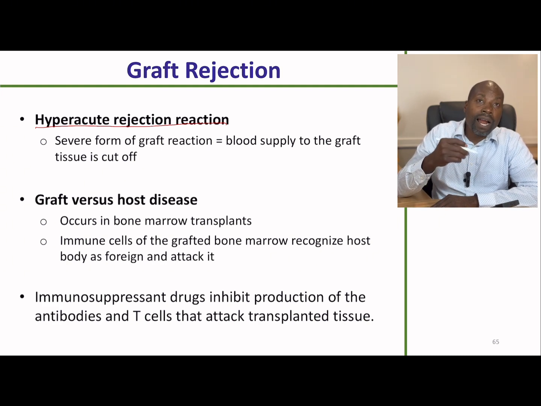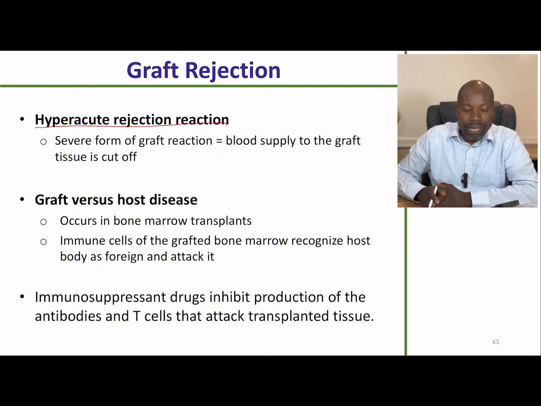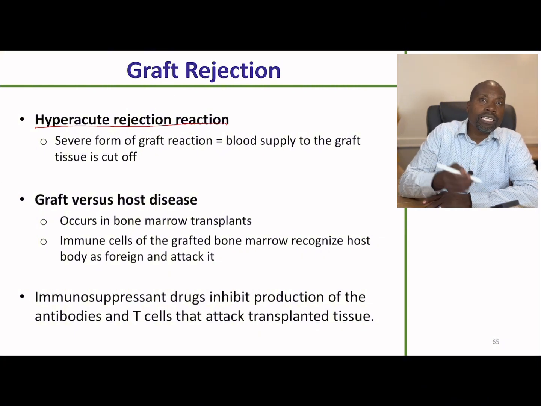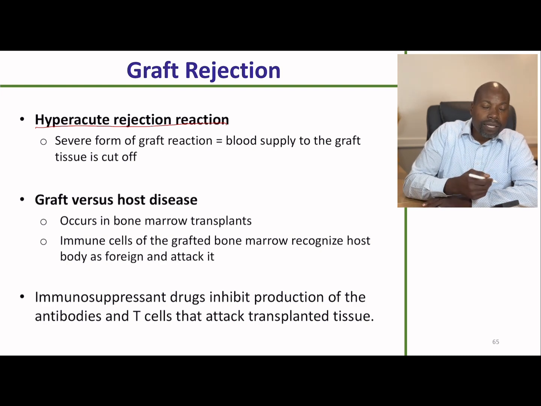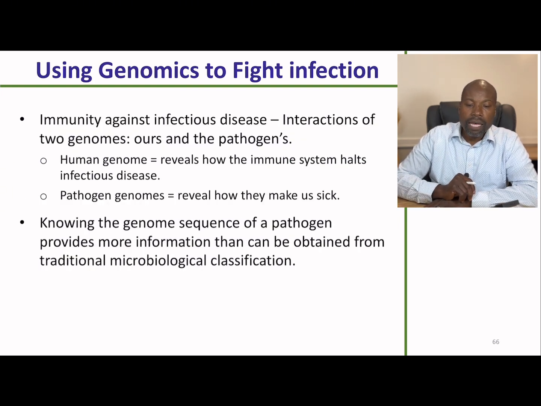These stem cells can become white blood cells, and these white blood cells can recognize the recipient as foreign tissue. As the cells from the bone marrow turn into white blood cells and target the recipient as foreign, that becomes a major issue.